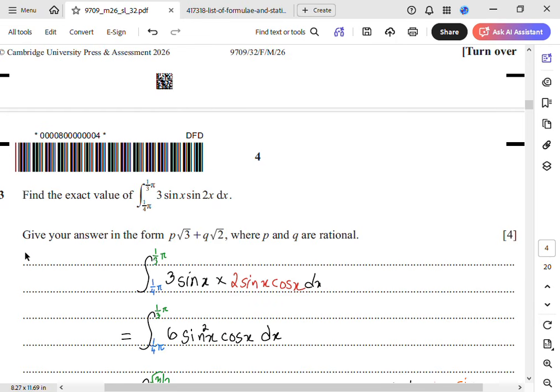So the rule is something like this, right? If you have a function, and the derivative of that function is multiplied with that function, so when you integrate that power, I could have it like this.